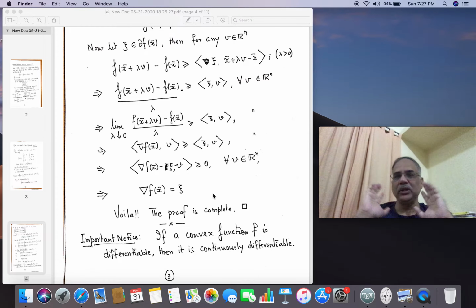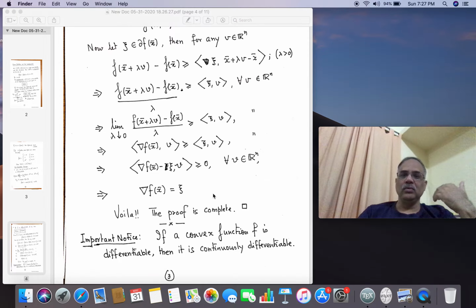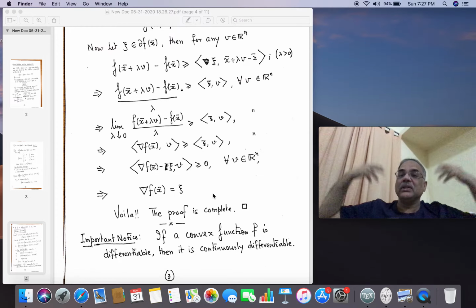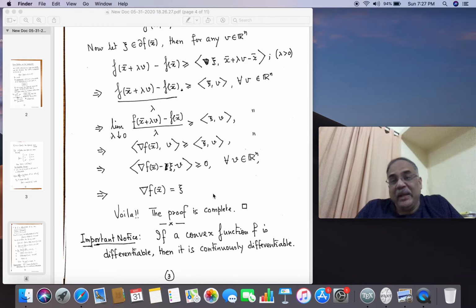This thing you have to keep in mind completely. So when somebody says let us take a continuously differentiable function, it makes sense, but you don't have to say it. Once you say a convex function from Rn to R is differentiable, then it's continuously differentiable.